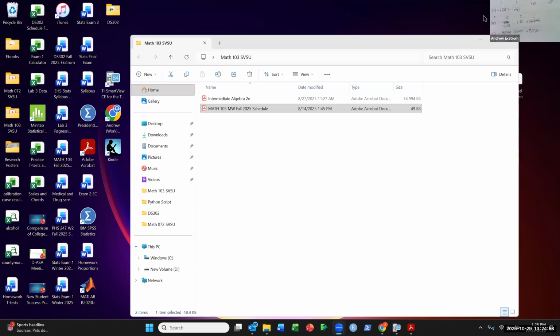Over here, we've got a mess going on. Since i is the square root of negative 1, i squared is the square root of negative 1 squared, which is going to give us negative 1.